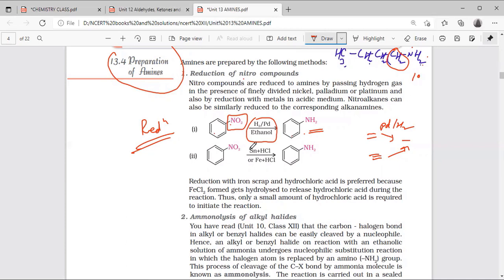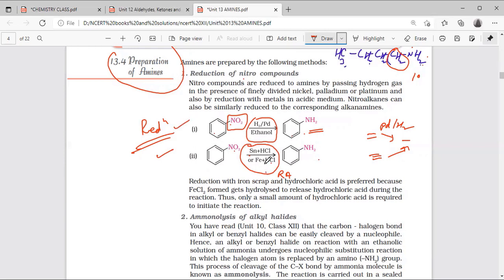As well, tin plus HCl or Fe plus HCl, metal plus HCl, these are also good reducing agents. The NO2 becomes NH2.